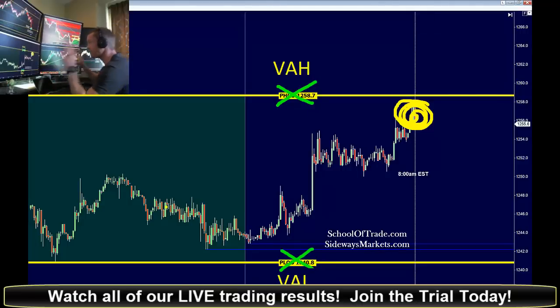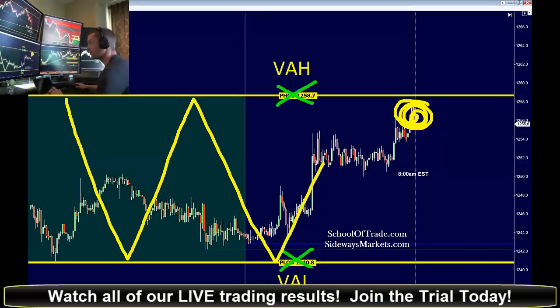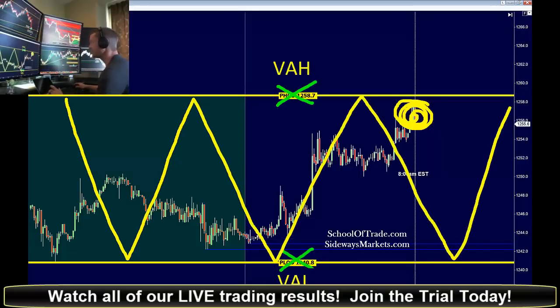It defines the value. This is where the buyers and sellers agreed on price. Back to that car lot example, if I increased my prices on these BMW automobiles and nobody showed up, well, that price becomes the value area high. If I decrease my prices and I sell all of the cars, now that price is my value area low.